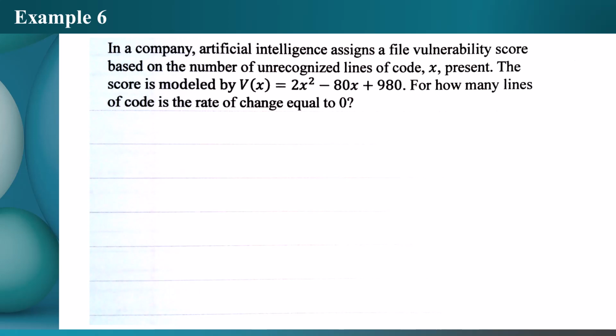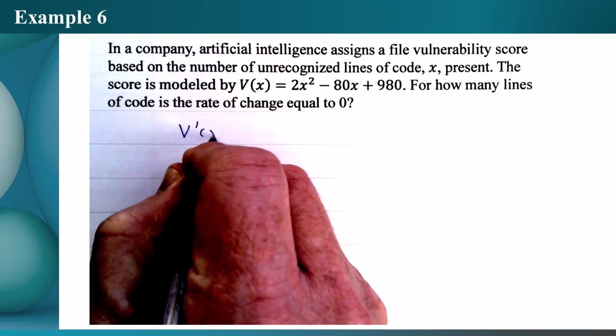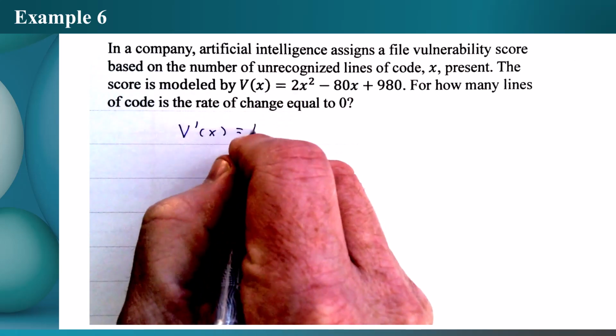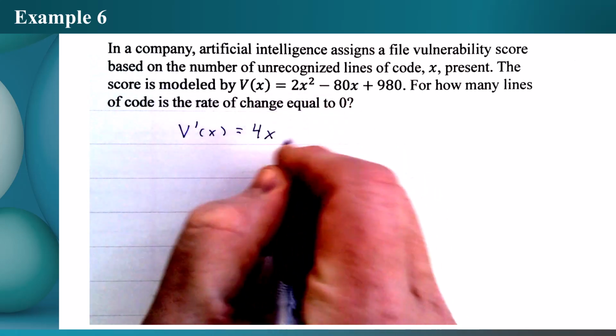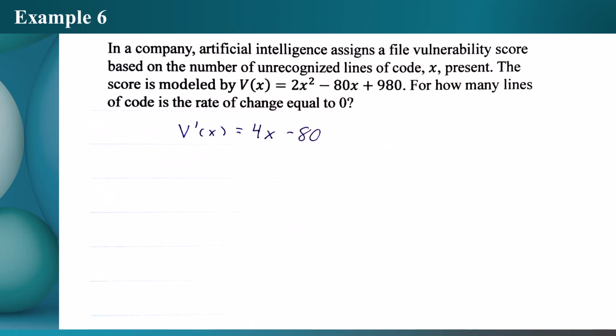Well, we know the rate of change here is given by the derivative, so let's start by finding the derivative. We have v prime of x equals, looks like here we will get 4x, here we will get negative 80, and we'll get 0 for the last term. So we want to know when is the derivative equal to 0.